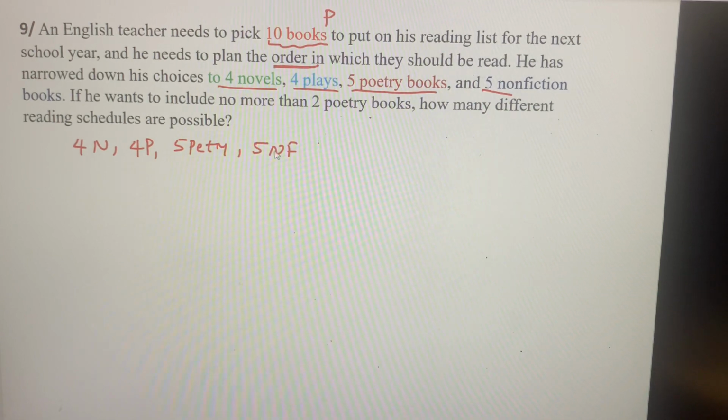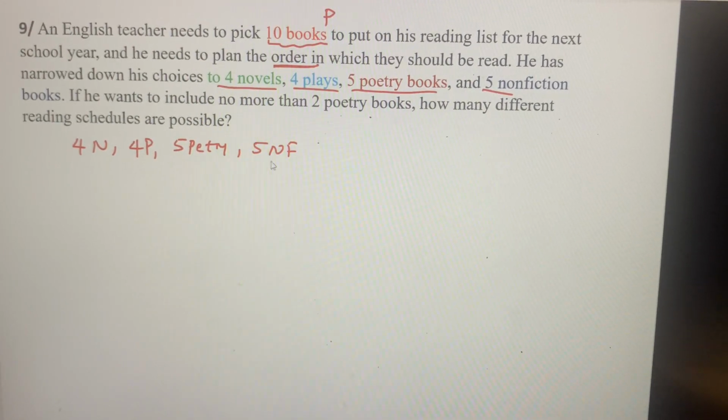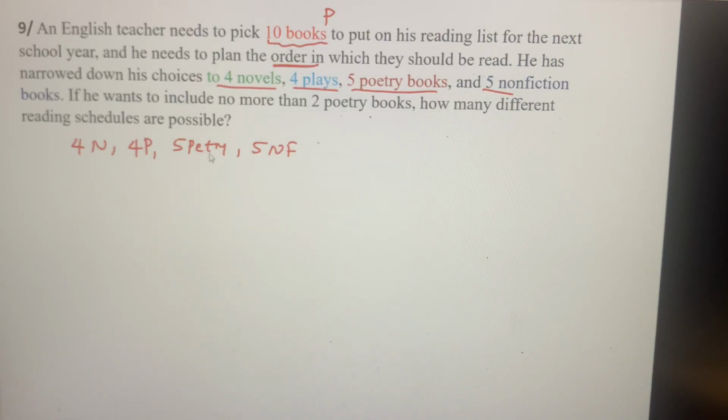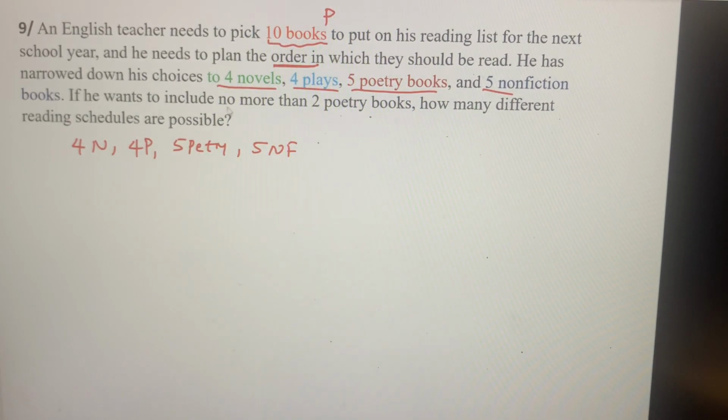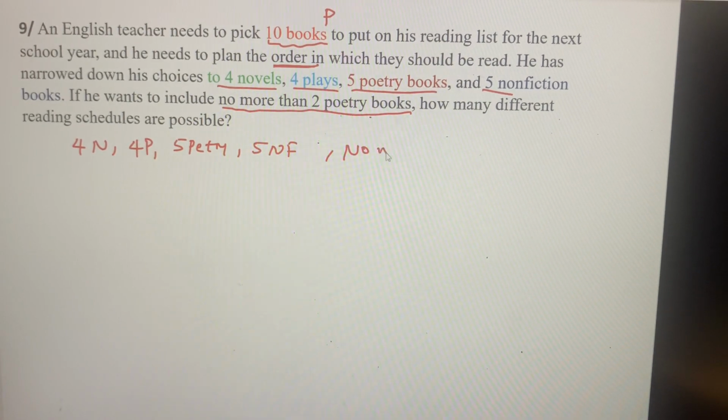Now look, how many different reading schedules are possible? And remember, there is something here: no more than 2 poetry books. This is also an important point. No more than 2 poetry books. What does no more than 2 mean?